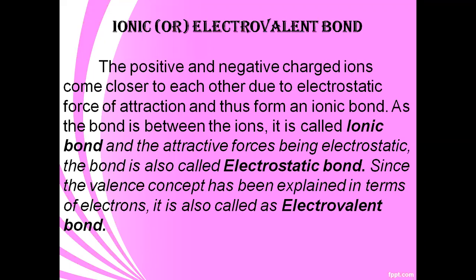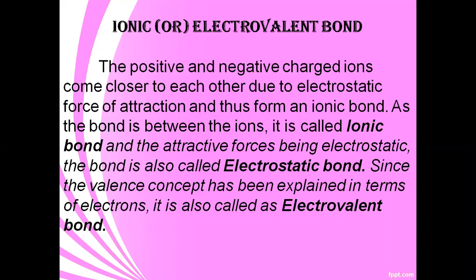The bond is formed by electrostatic attraction. Mainly the ionic bond is formed by electrostatic attraction. When electrons are lost or gained, some force is needed, and that force is electrostatic attraction.